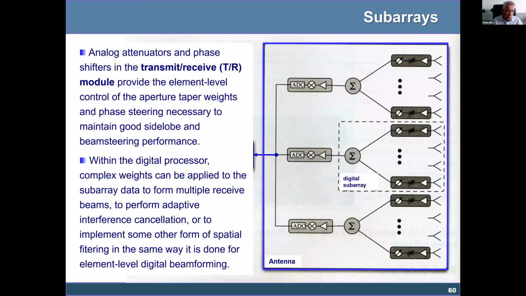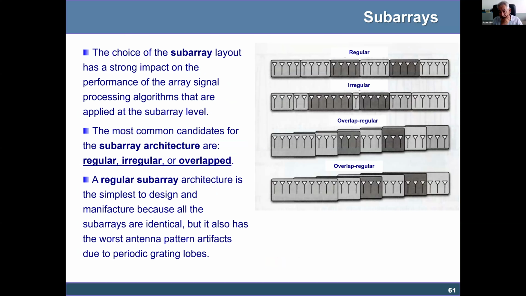Now, the choice of the subarrays is varied. You can have the architecture that is called regular, so all of them are equal. So the subarrays are composed of the same number of elements and maybe with no overlap.